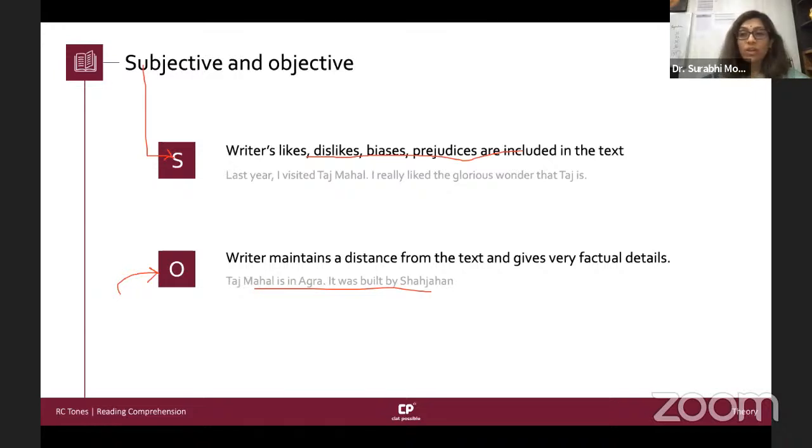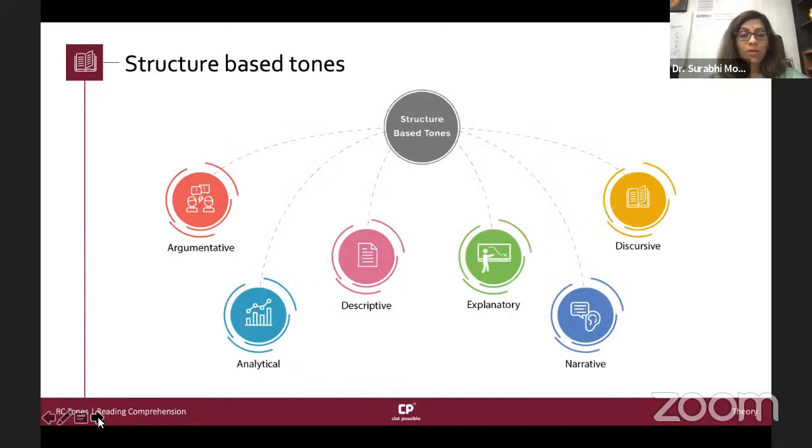For this, give me a nice smiley emoji if you have written down subjective and objective and you've understood it. So that's subjective and objective tones.